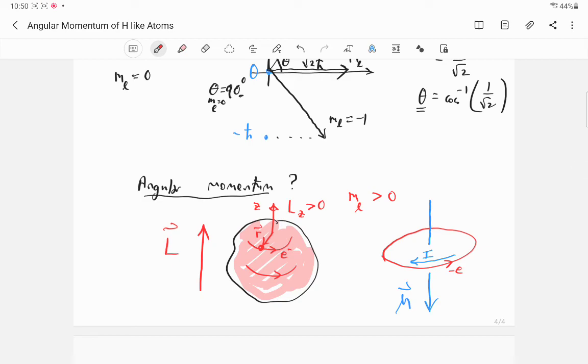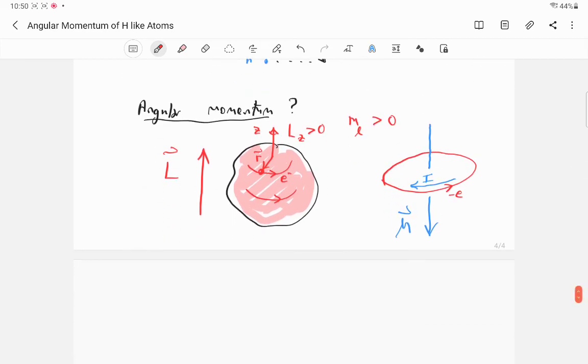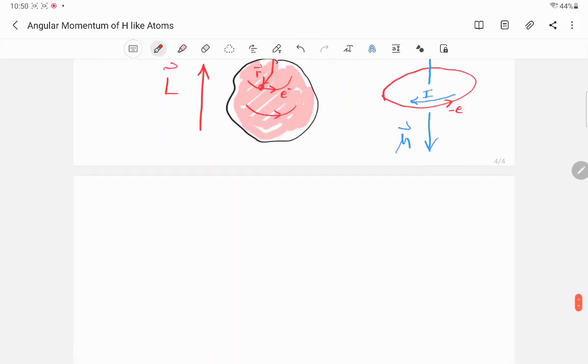Okay, so all of a sudden, we re-understand our little atom. Our little atom in p, d, f orbitals, these are orbitals where l is going to be bigger than 0, right?